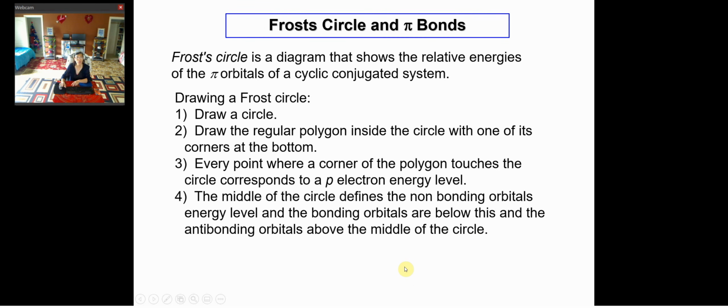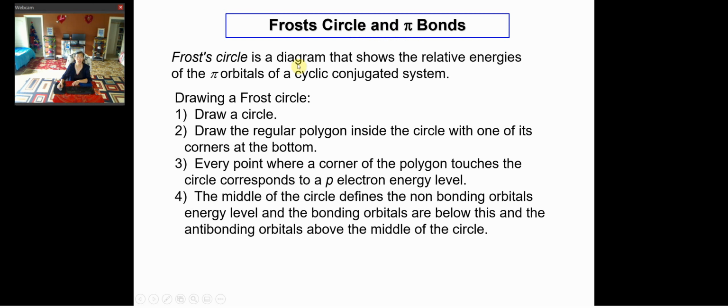So how do we plot this different energy? How do you determine which one is aromatic, which one is not, and why they are aromatic? Why are aromatic compounds stabilized? On the other hand, anti-aromatic compounds are not stabilized, they are destabilized. What's the reason? We can use the Frost circle to represent your pi bonds.